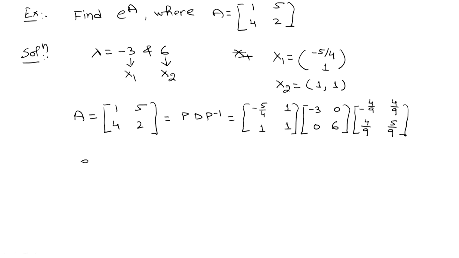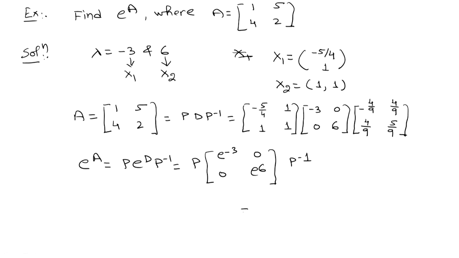Now e raised to power A will become P e raised to power D P inverse. So this will become P, e raised to power D which is e raised to power -3, 0, 0, e raised to power 6, into P inverse.